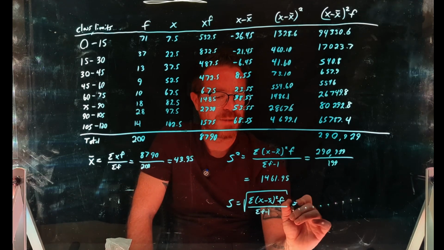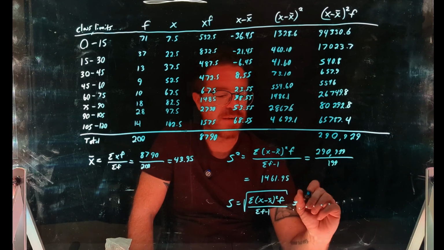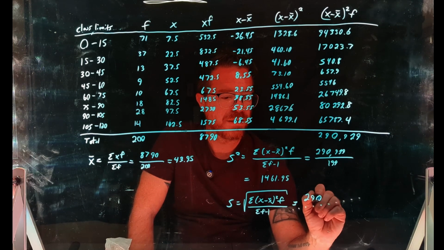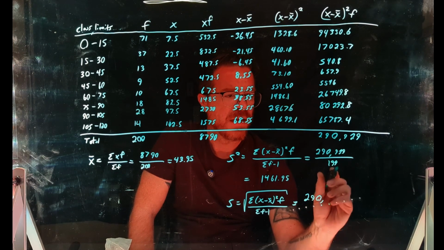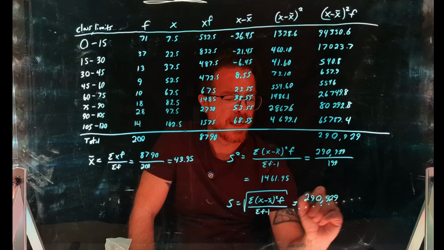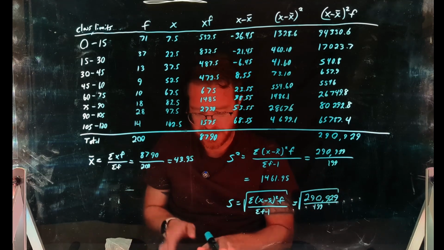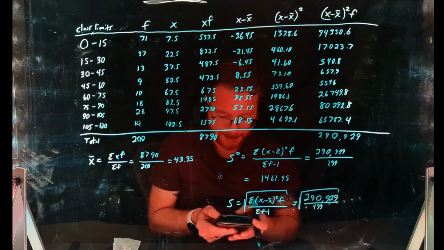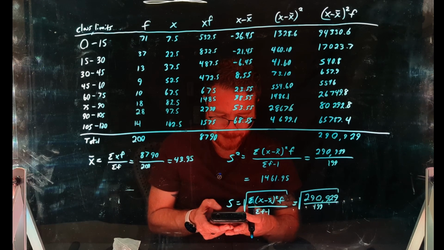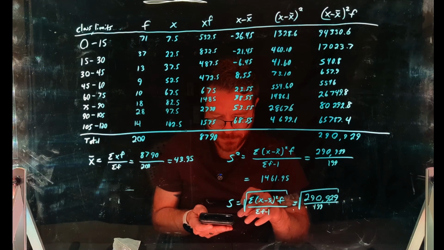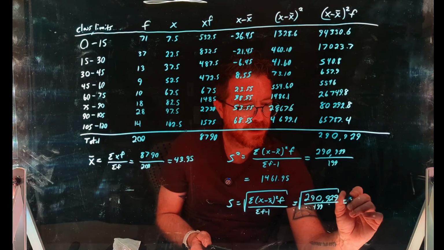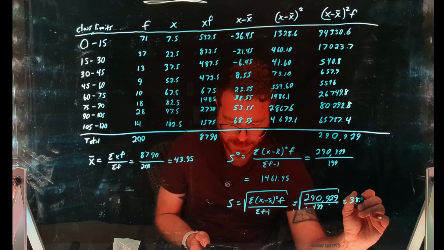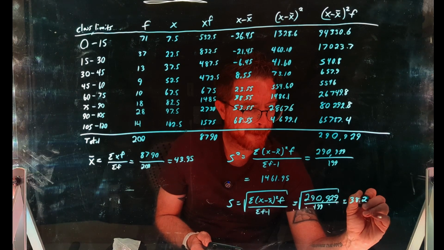So from your table, this would be the same thing as saying that I need to take this value here, 290,929, divided by 199, and you take the square root of that, and you are going to get 38.24.